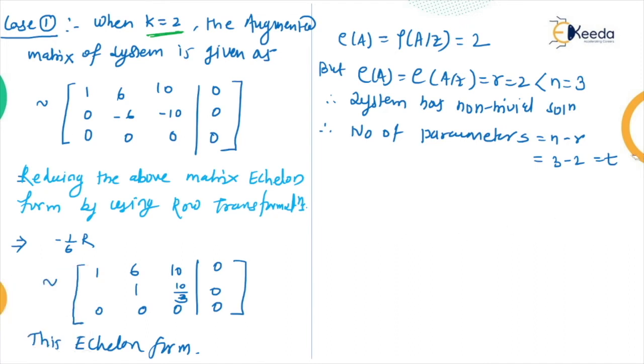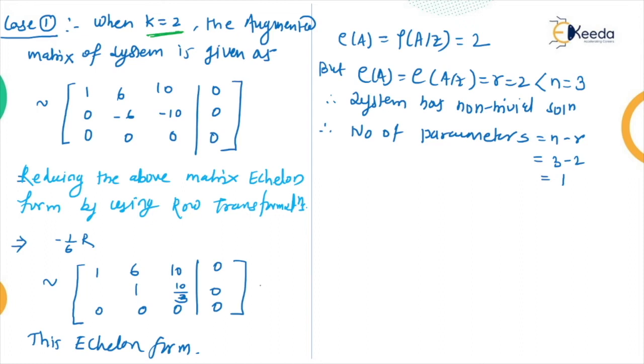So the corresponding system of equations will be written in this way, and we have to assign one parameter for that. So let's see.